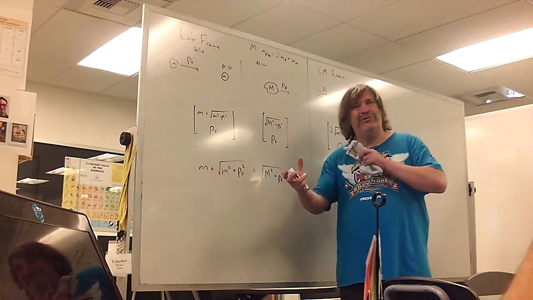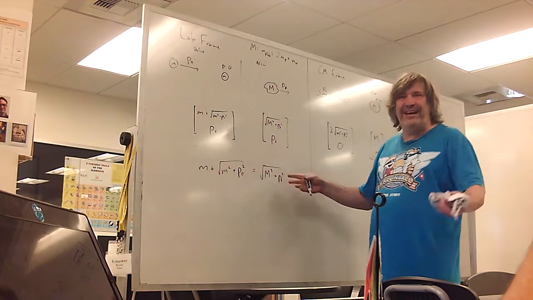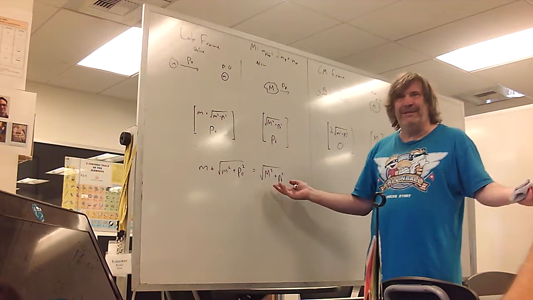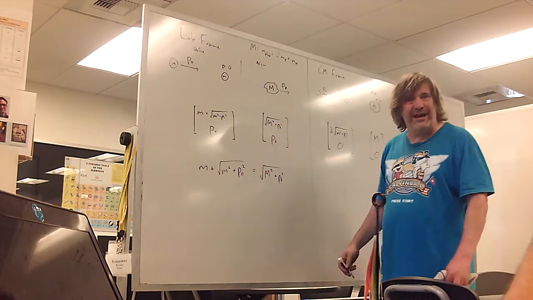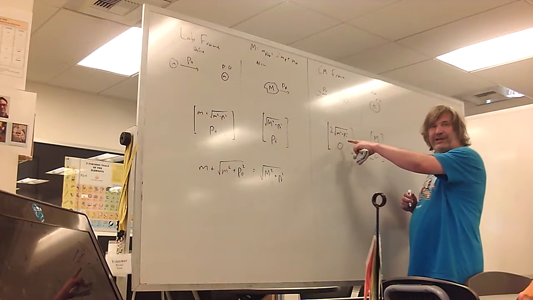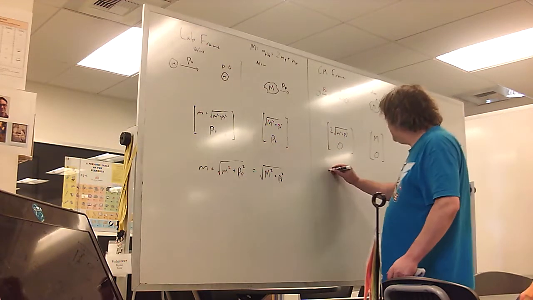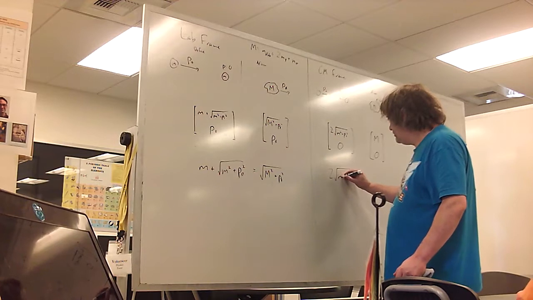I'm just going to use big M as m blob, which is 2m proton plus m pion in this case. So the big M will just be my blob mass, and it is still moving with momentum p final.